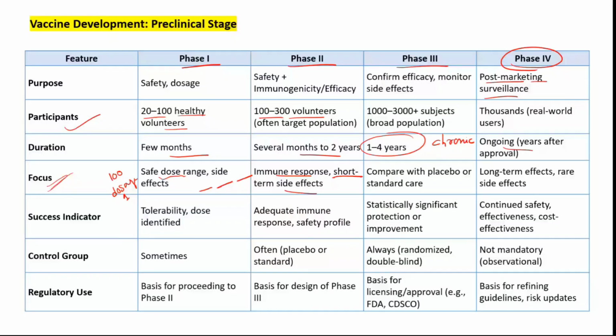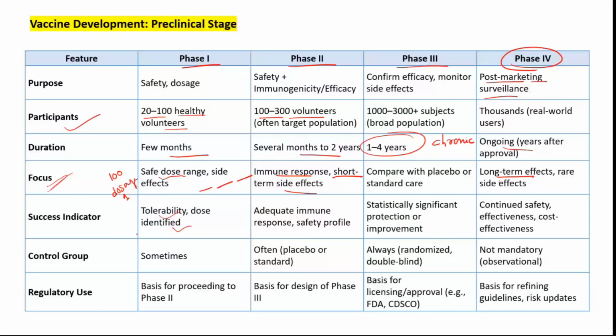and this is also a long term effect because already the product is released into the market and people are consuming it. So what are the long term effects? Are there any side effects? Now success indicator, so tolerability, dose identification, because in phase 1 you are able to identify the dose. Always the researchers try so many different drugs, and they decide through the MIC, IC50 and all those things.